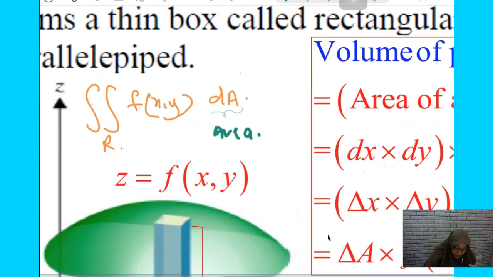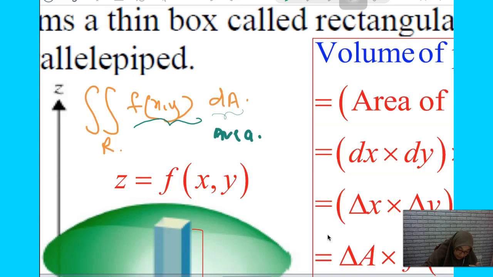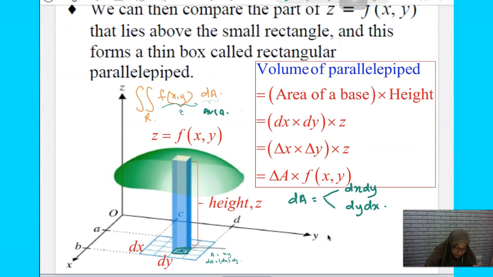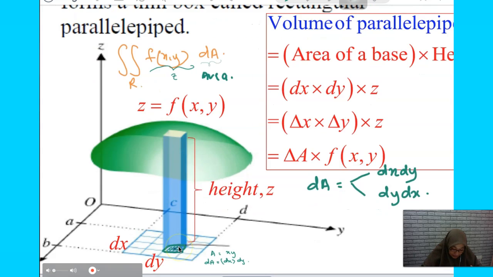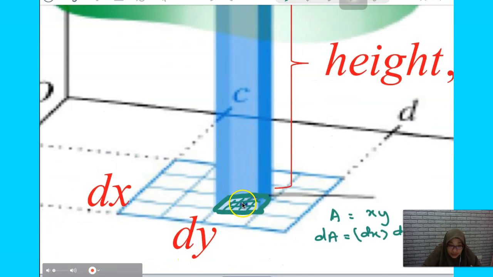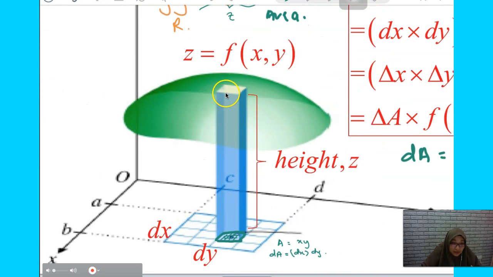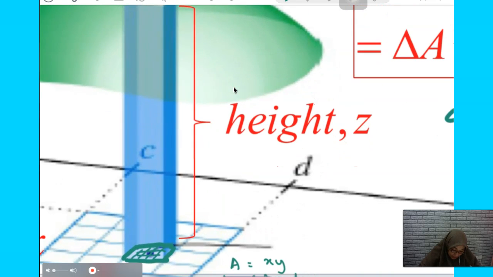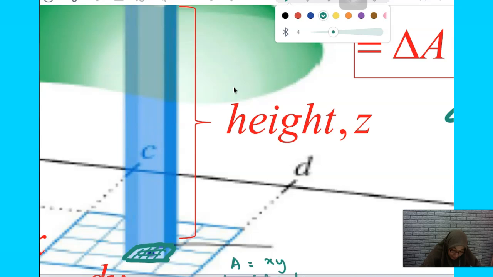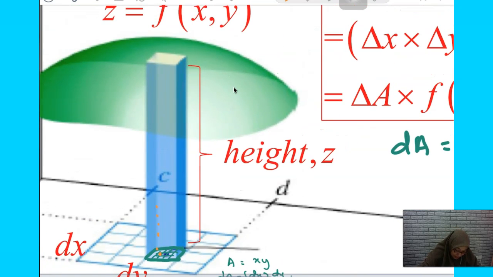Okay, as I mentioned before, this one is the value of z. So z is whatever value lying on the surface, isn't it? For whatever point you choose in the region, you will always get the value of z somewhere here, on the surface. Let's say I select one point in the region, it gives me the z somewhere here on the surface.